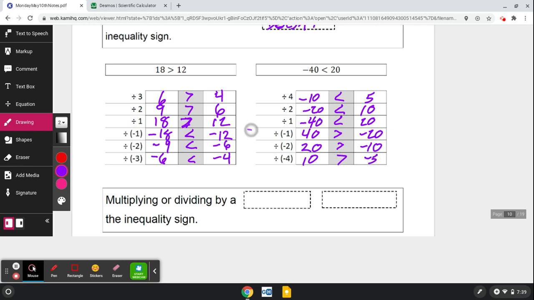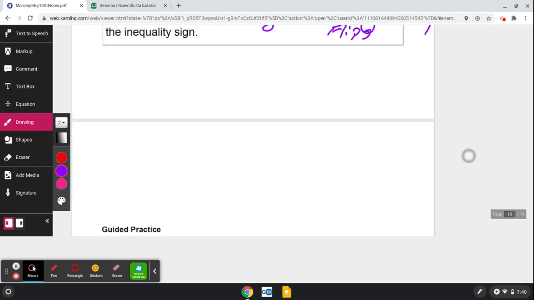So notice what happens once we go to the negatives. Multiplying or dividing by a negative changes or flips the inequality sign. Okay.